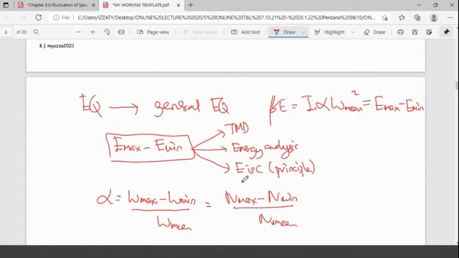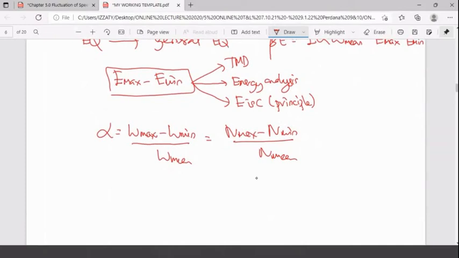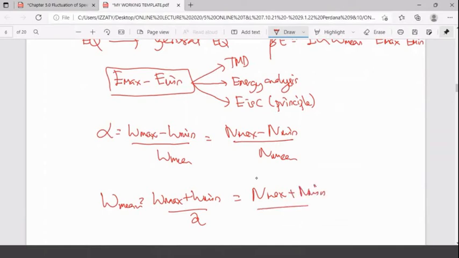On the other hand, omega mean is equal to omega max plus omega min divided by 2, or in the form of n max plus n min divided by 2.